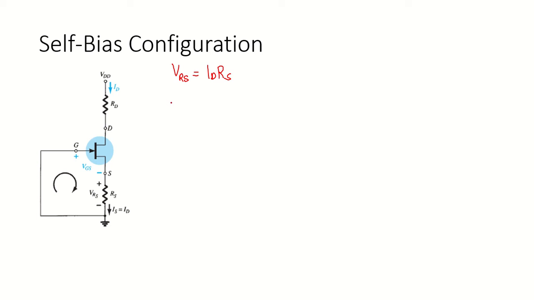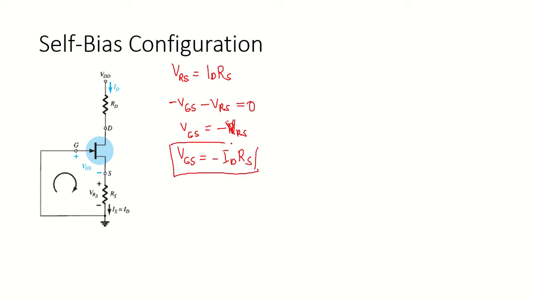So we have negative VGS minus VRS equals 0. So our VGS is equal to the negative VRS, where VRS is equal to ID RS. So VGS can be computed with this equation, negative ID RS.